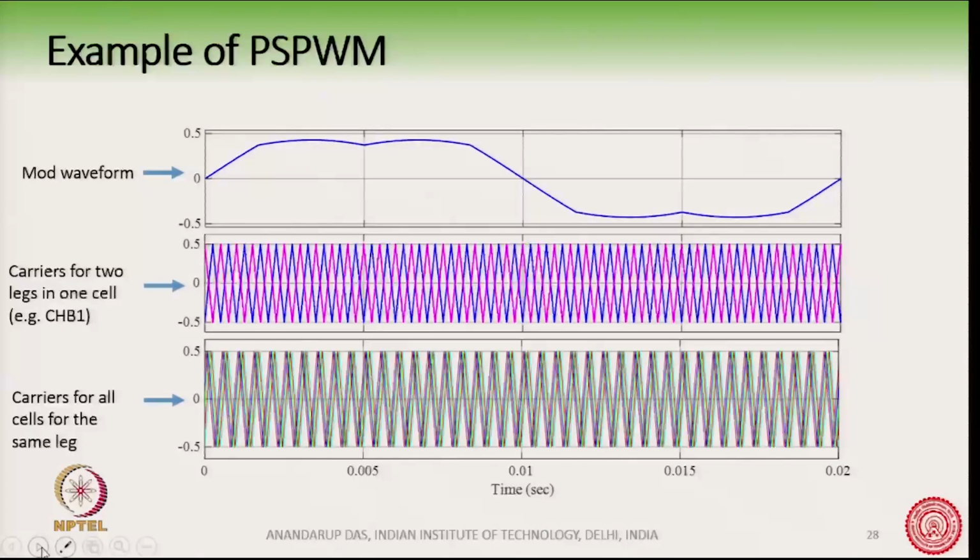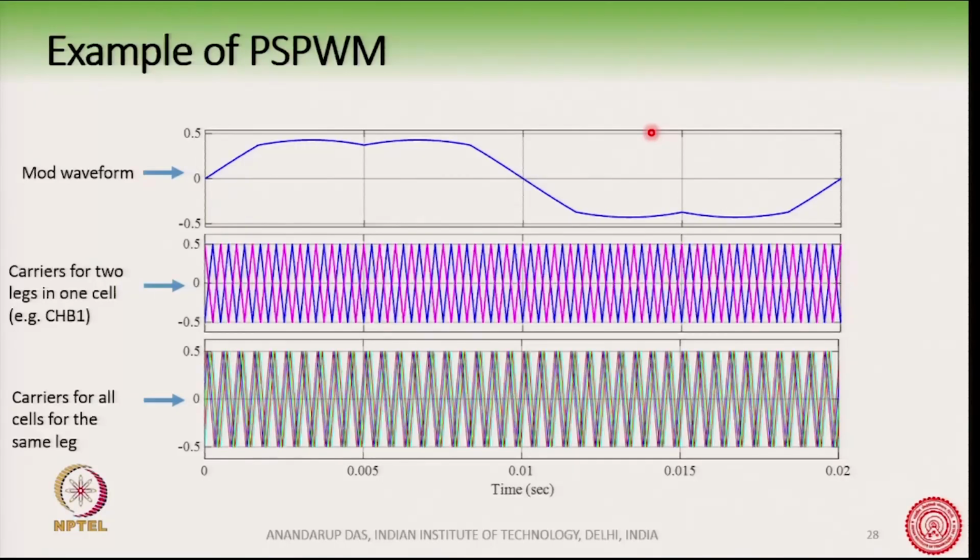So, here is one example. You see that this is, for example, the modulating waveform. The fundamental sine wave here has the 50 hertz component. Of course, we have added a third or triplet harmonic here by using this min max algorithm, so that we get maximum DC bus utilization.